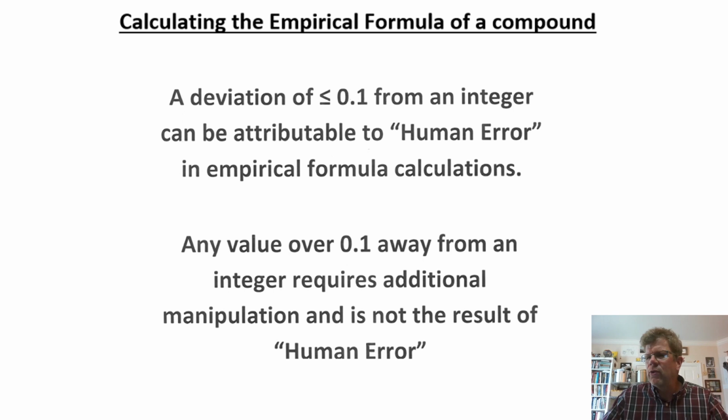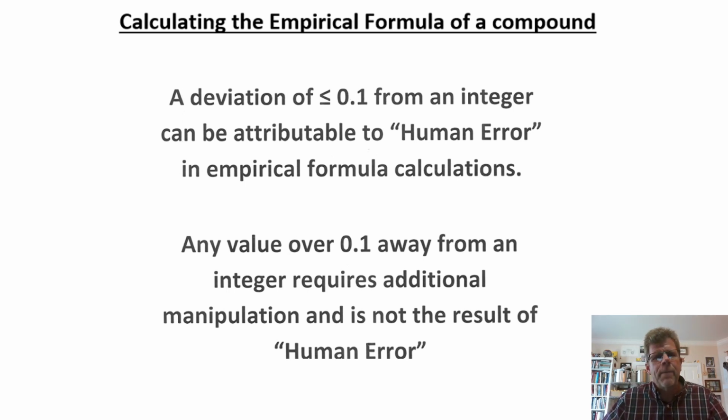And so we have to specify to what point we can consider human error and thus round down or up to the nearest integer on these empirical formula problems. But above this particular threshold, which we're going to stipulate, other things have to occur. We have to manipulate these numbers some more. And we'll look at an example of that.